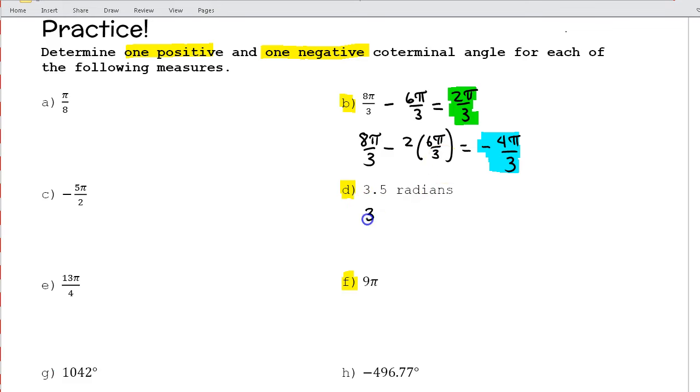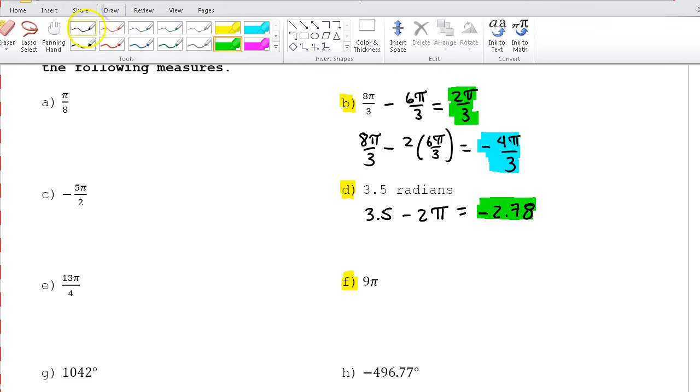So we're going to do 3.5 and let's subtract 2 pi, and we're just going to go ahead and plug that whole 2 pi into our calculator. And when you do this, you should get a decimal, and this is going to be about negative 2.78 radians. Again, we don't really need to put units here. If there's no units included, we know that it's going to be radians.